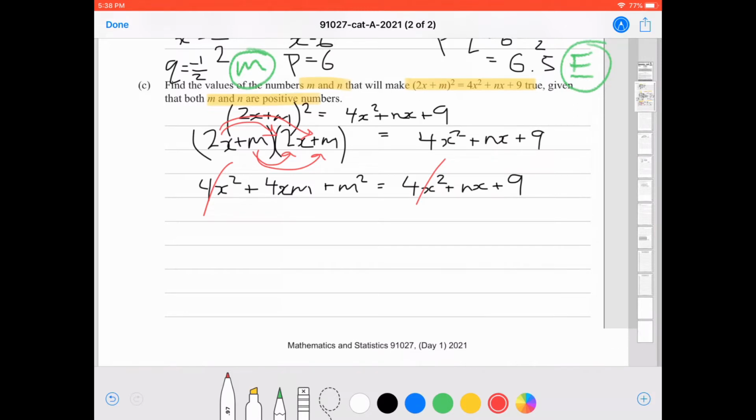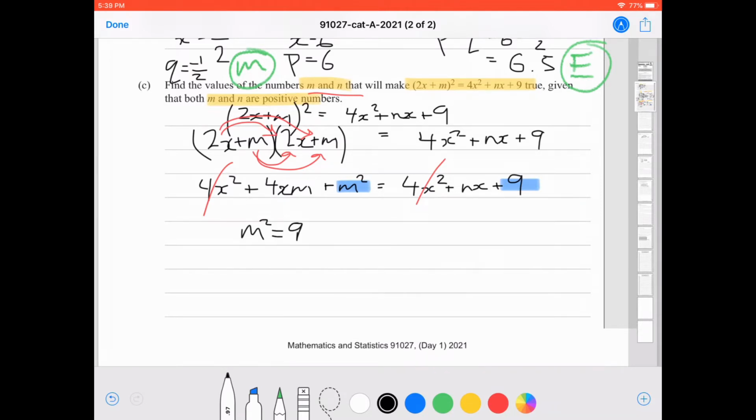And so how are we going to find the numbers m and n? Well, this is where knowledge of like terms comes in handy, especially with quadratics. Let's look at the last terms on each side of the equation. m squared must equal 9.